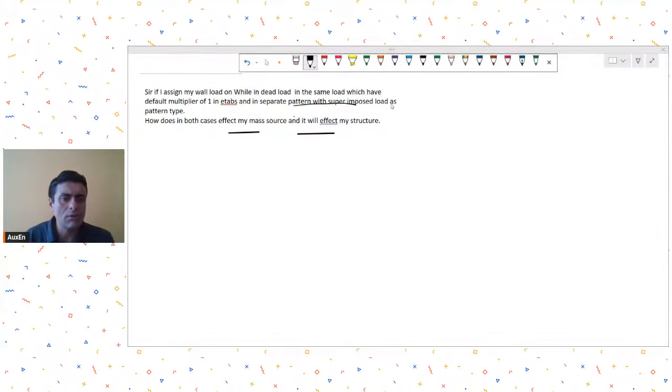I think what he is asking is that suppose he has defined one load pattern named dead load, and it has the self-weight multiplier assigned as 1, and he has defined another load pattern named superimposed dead load, and here also he assigns the self-weight multiplier as 1. Then this will be an issue.